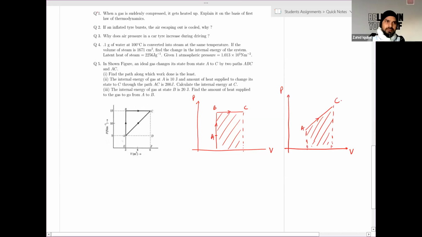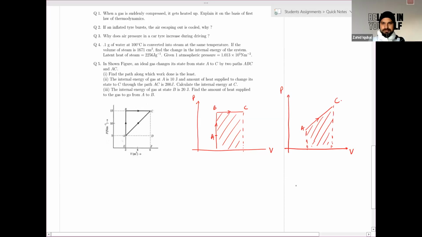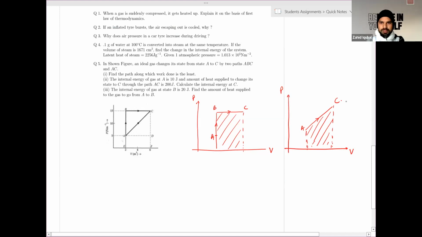So in which do you think will have more amount of area or more amount of work done? For ABC. It means work done along ABC is greater than work done along AC. So work done along ABC is greater than work done along A to C.